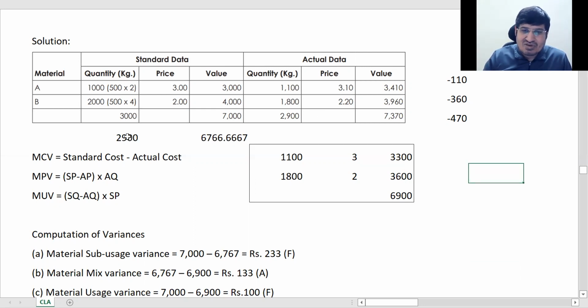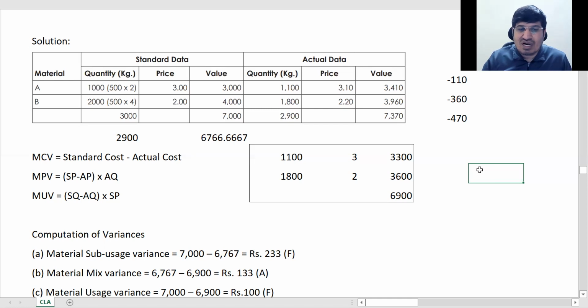Here your actual yield is, yes, less, correct? It is less because, sorry, your actual yield here is going to be more, correct?